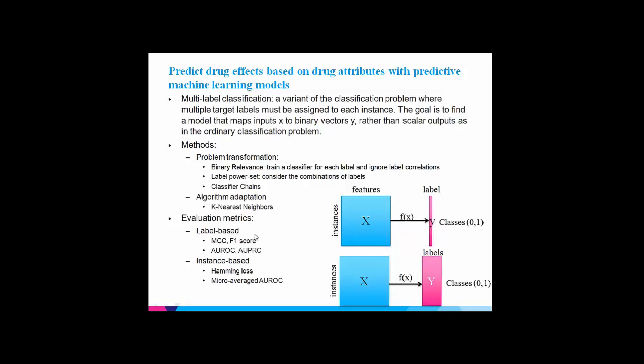Label-based evaluation, in my case, is to see how well my model is doing in assigning the right drugs for each side effect. Instance-based evaluation looks at how good the classifiers are at assigning the right side effects for each drug.